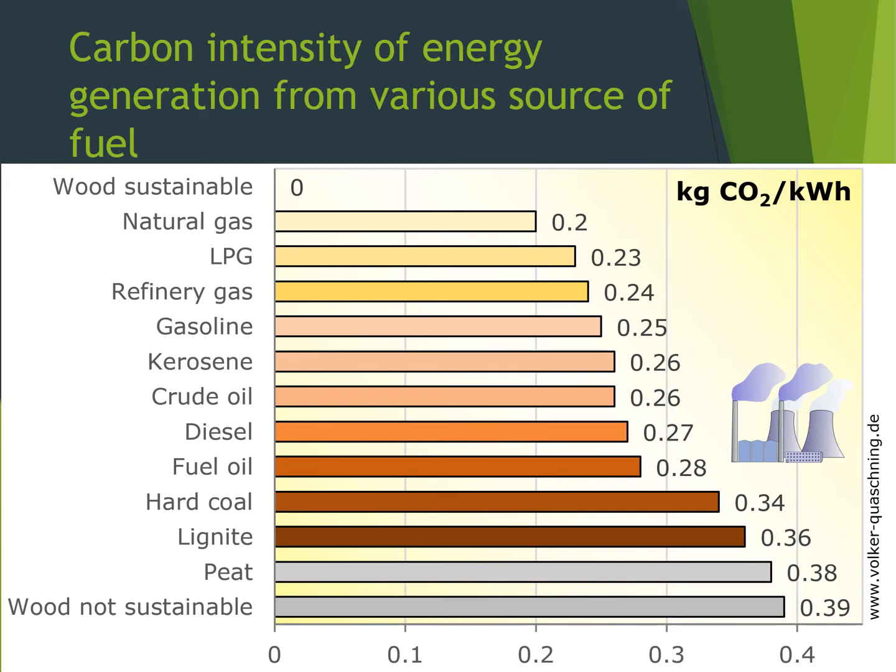Okay, I want you to think about this first slide. It is showing the carbon dioxide intensity per kilowatt hour of various fuel resources. This shows the intensity of carbon dioxide produced for every usable energy, measured in kilowatt hour, of various fuel sources.